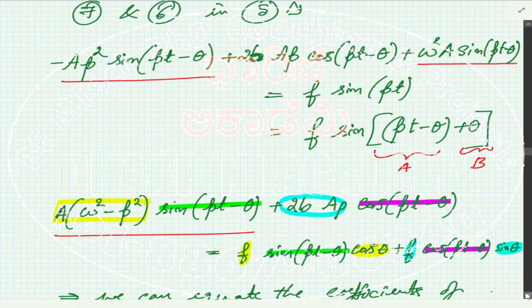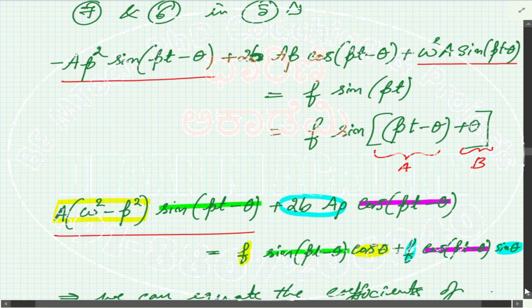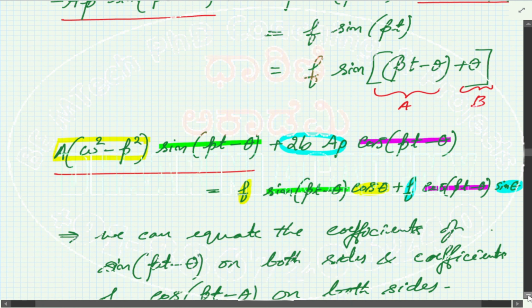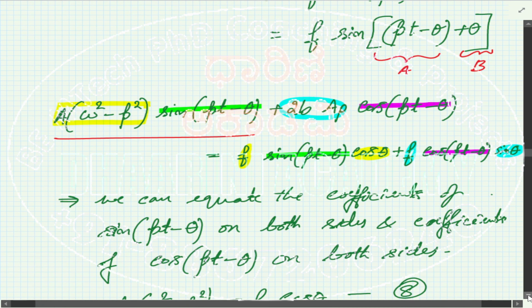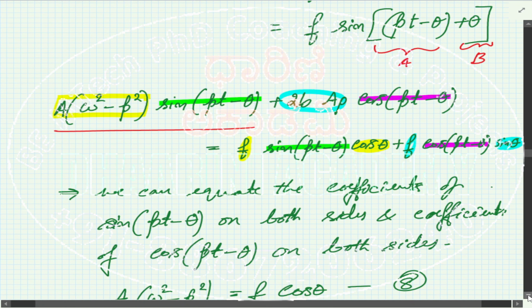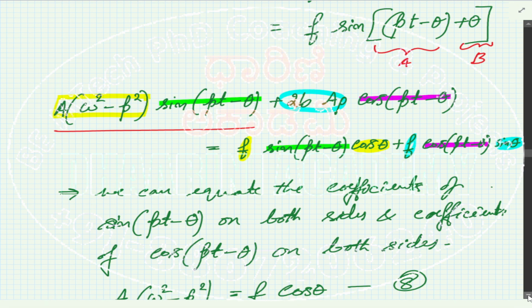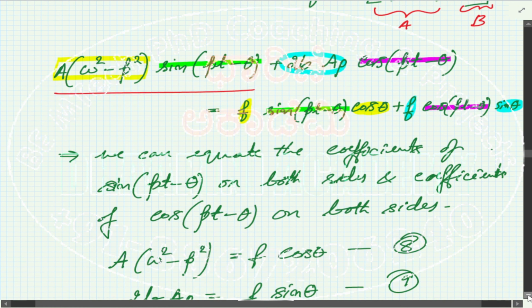If we write this in the a plus b format, we can write the following equation: a into (omega squared minus p squared) into sine(pt minus theta), and so on. I'm equating the coefficient of sine on both sides and the coefficient of cos on both sides.